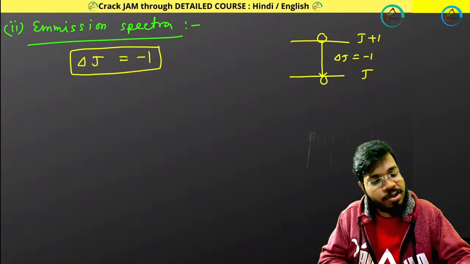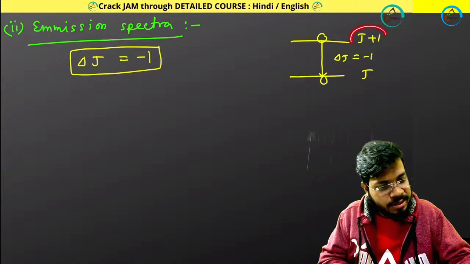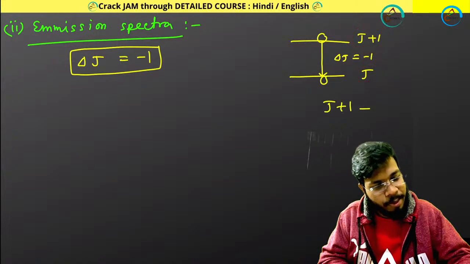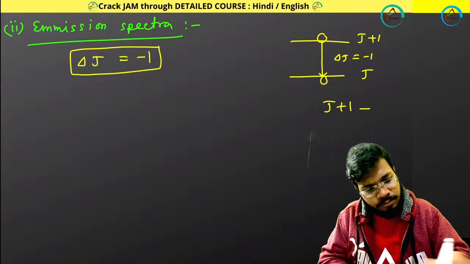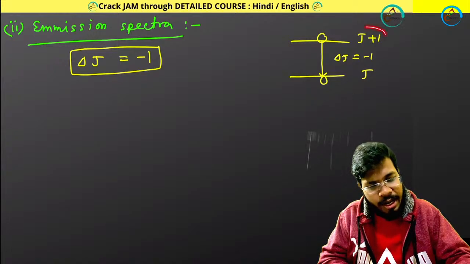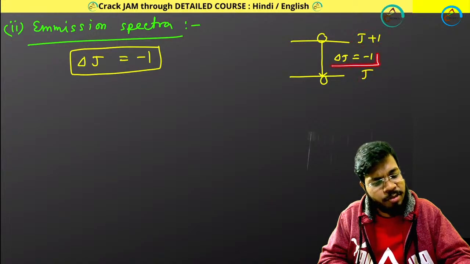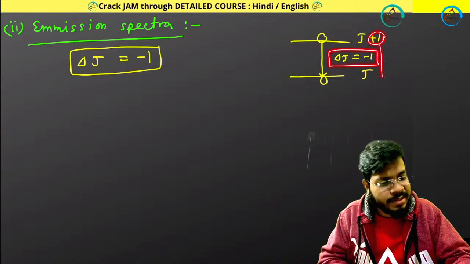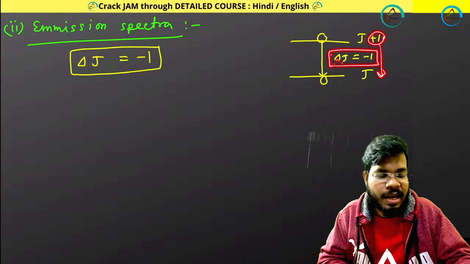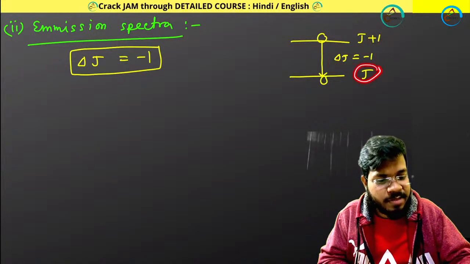Delta J will be -1. -1 means higher to lower energy level. If it is coming in this way, then I say delta J will be -1, because J is decreasing. So this is my initial and this is my final.